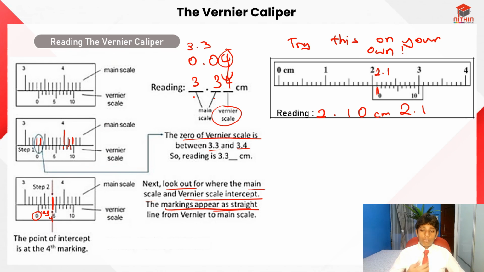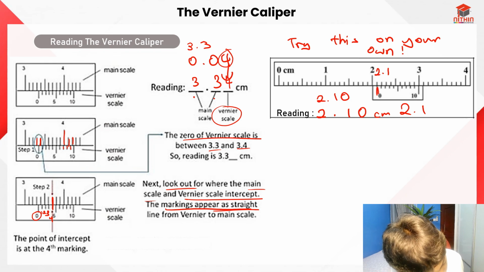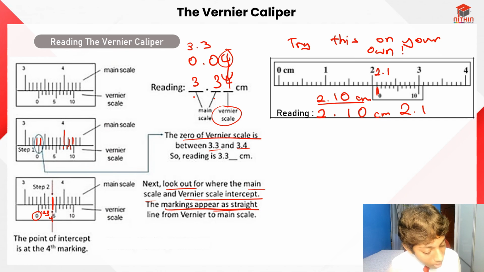If not, they would think that you have measured the reading with just a ruler, because rulers only measure up to 1 decimal place. So we need to show that we are measuring to 2 decimal places and write 2.10 cm. If you write 2.1 cm in the exams for such a question, the markers will penalize you marks.